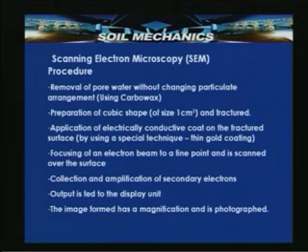Generally, a thin gold coating is given, and an electron beam is focused to a fine point and scanned over the surface. After that, the secondary electrons are collected and amplified in the electron gun, and the output is fed to the display unit, which gives the image with a magnification, and it is photographed to know about the particulate arrangement of clay soils with the help of the scanning electron microscopy method.